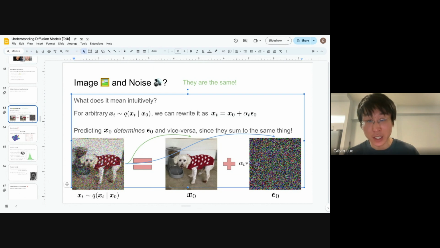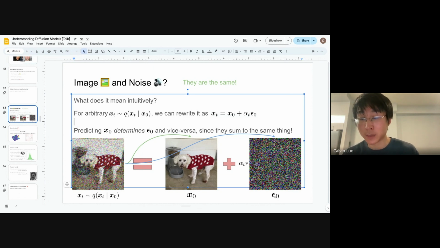But because xt, which you're given, was created from x0 plus epsilon 0, and this is just like a constant, when you make a prediction of x0, it implicitly makes a prediction of what epsilon 0 was.